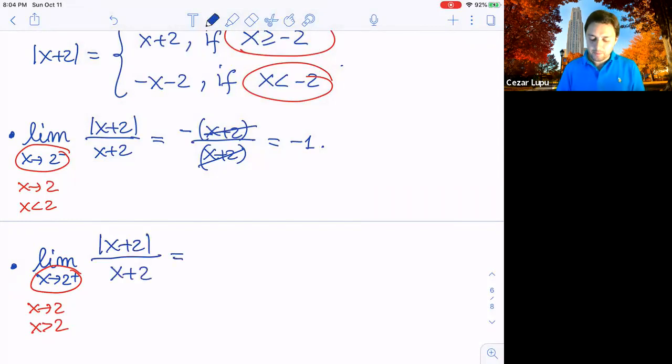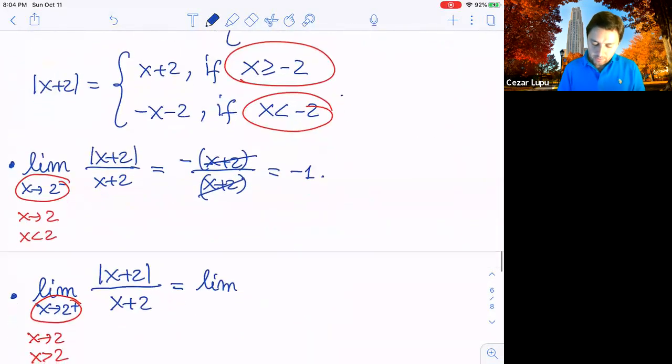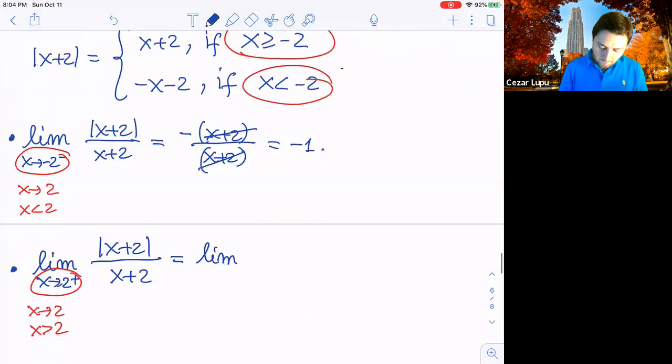This will be the limit as x approaches, oh my goodness, it was negative 2. Sorry. Anyway, it doesn't really matter. This is negative 2 on the right.